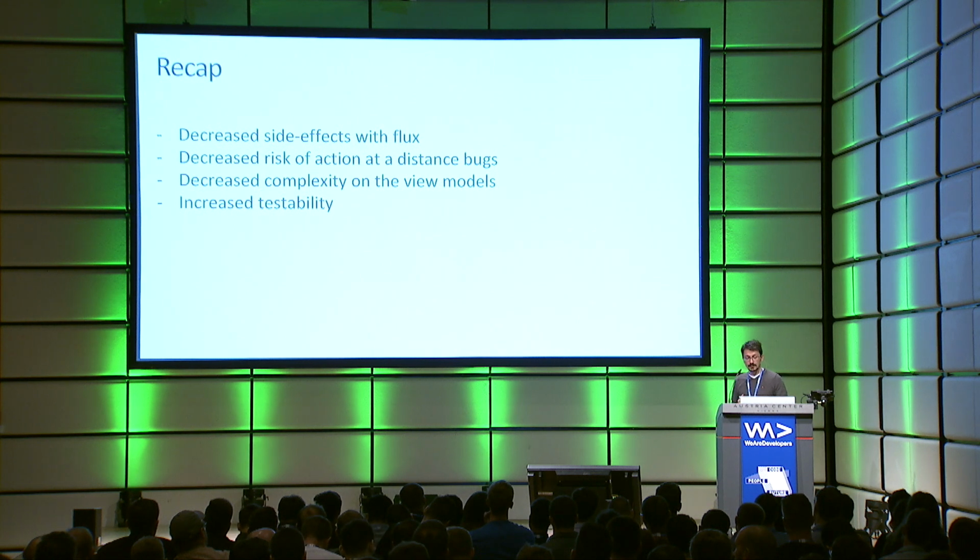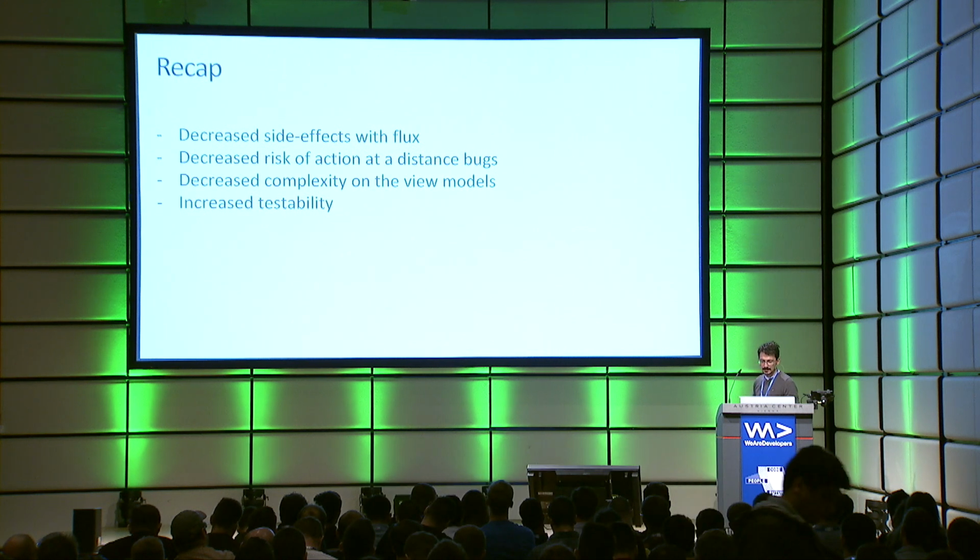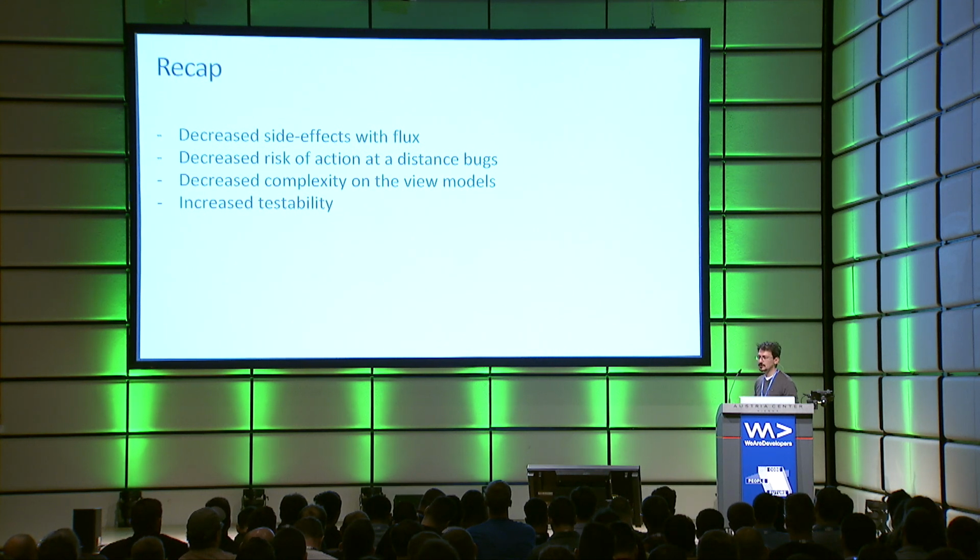And finally, using the first 3 items in the list, it increases testability. Less complexity, fewer unit tests, more code coverage, fewer bugs. So that's the bottom line, and just an intro to Flux architecture in Xamarin.